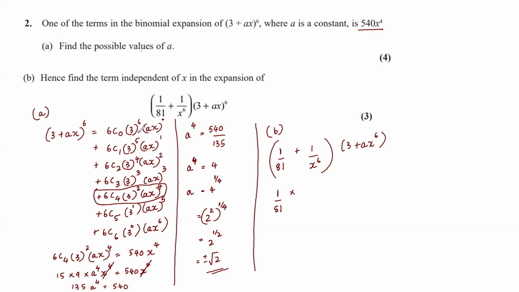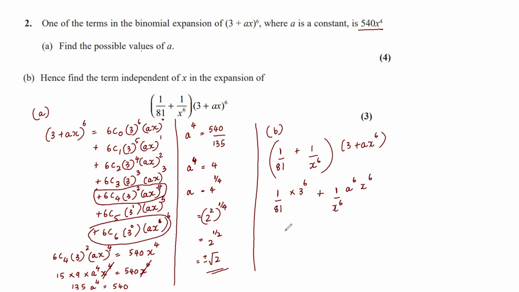So 1 into 1 into 3 to the power of 6, that is 3^6, plus 1 by x^6 will give you a constant term when we multiply it with the last term. 6C6 is 1, 3^0 is again 1, so (ax)^6, that is a^6 into x^6.